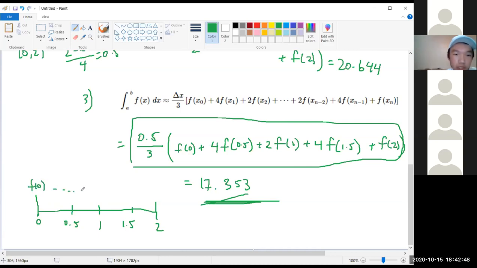Then you keep adding, and your last x value for left endpoint is f of 1.5. But if you do right endpoint, then your first x value is f of 0.5, and you keep adding all the way up to f of 2.